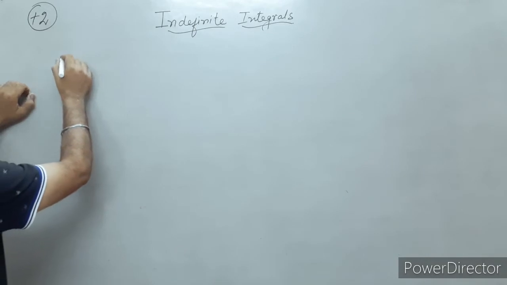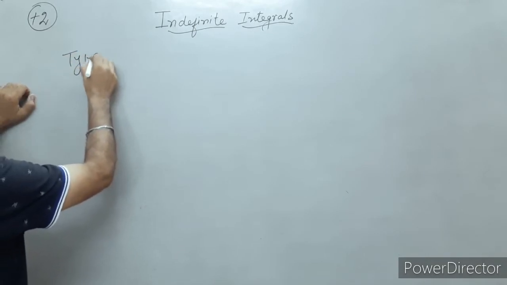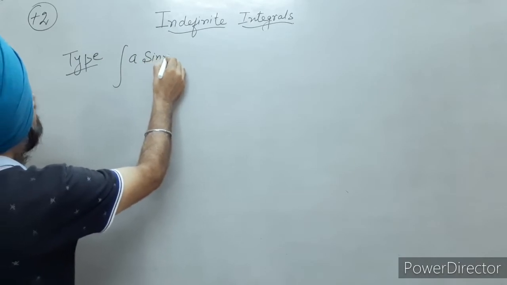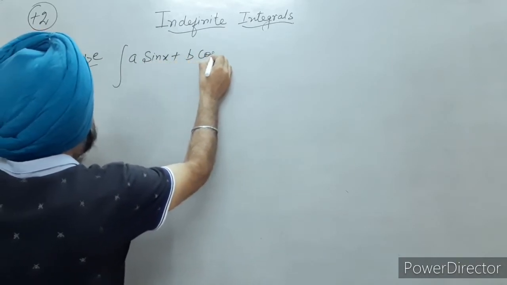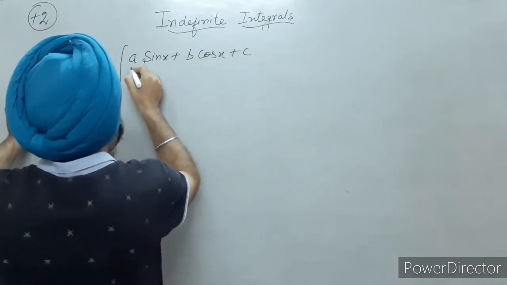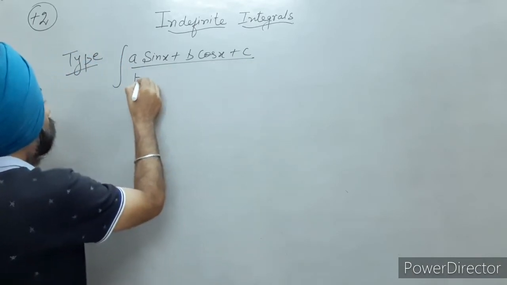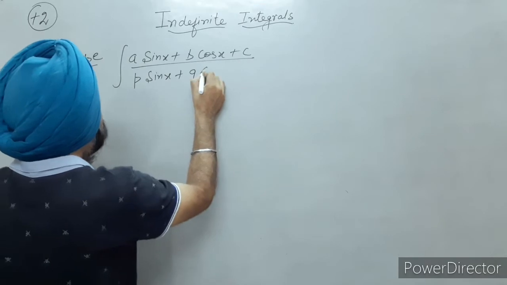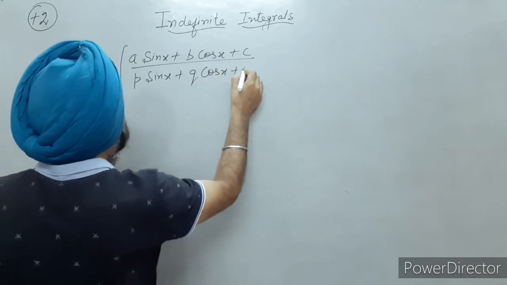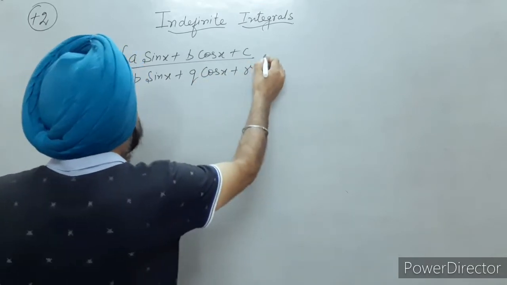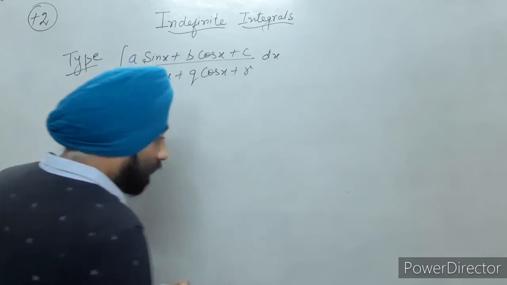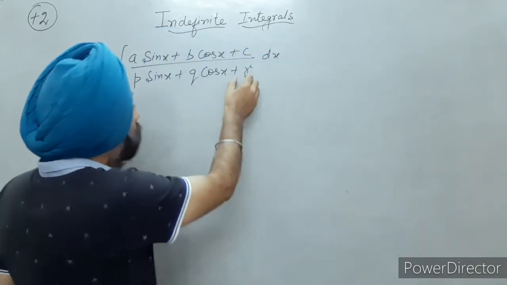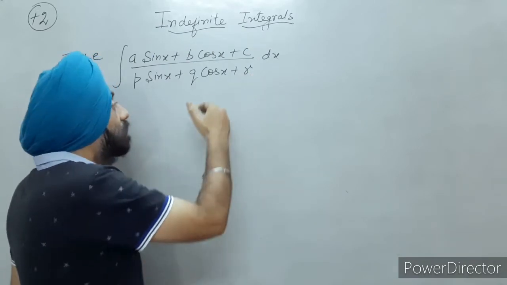It is like this: integral of a sin x plus b cos x plus c divided by p sin x plus q cos x plus r, dx. Right? Now in this case the denominator contains a constant, plus r.